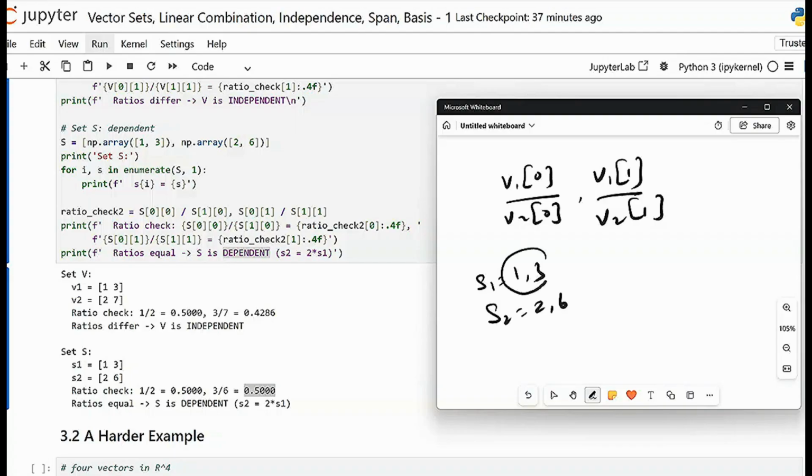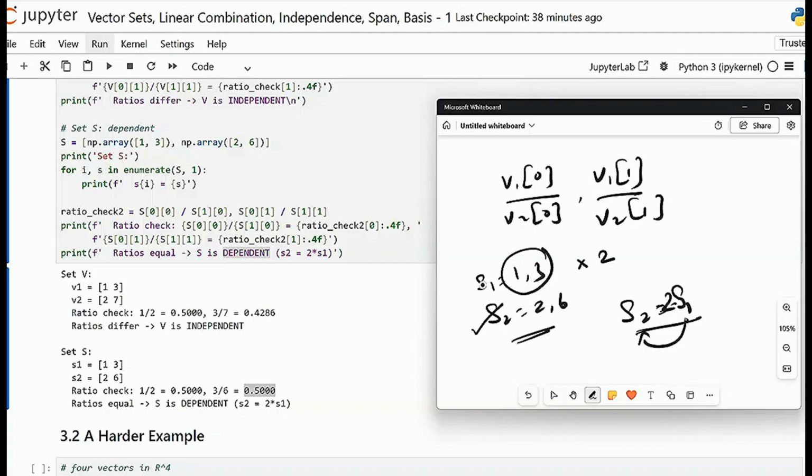If I multiply S1 by twice, we get S2. So S2 is equal to 2S1, and that is what is specified. With this combination, the set is dependent. One vector is completely redundant.